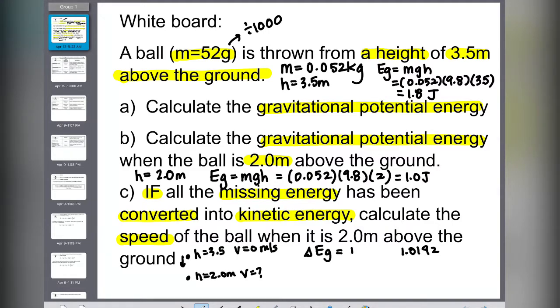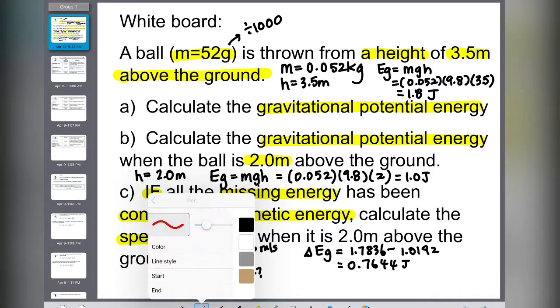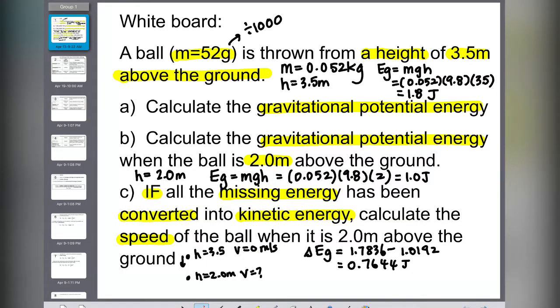The initial energy is 1.7836 minus the potential energy at 2 meters. So the change in energy is 0.7644 joules, and they're telling you that it has all been converted into kinetic energy.